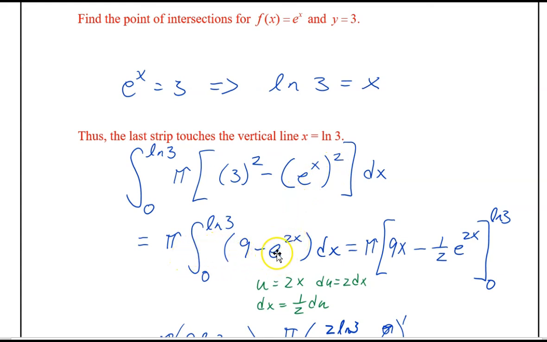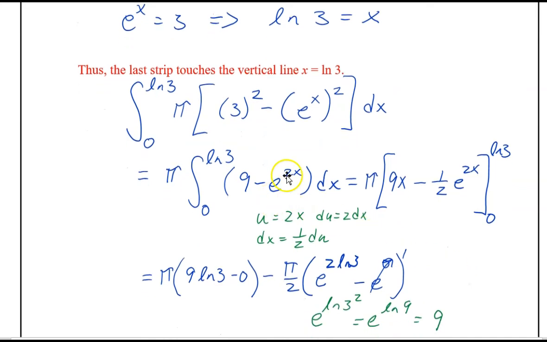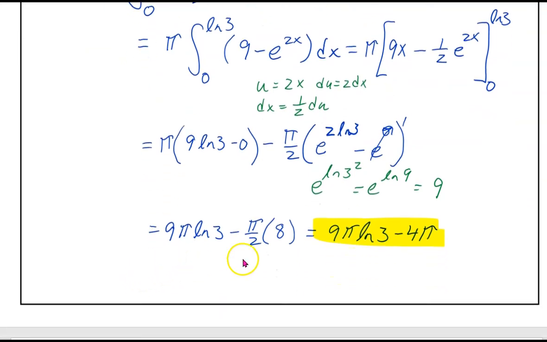We can easily integrate the 9 to get 9x, and we can do a u substitution to get the integral of e to the 2x, which will give us 1/2 e to the 2x. Both need to be evaluated between 0 and the natural log of 3. The next thing we do is to evaluate and come up with our solution. Hopefully you can follow this, and if not, pause the video here and take a moment to study the work.